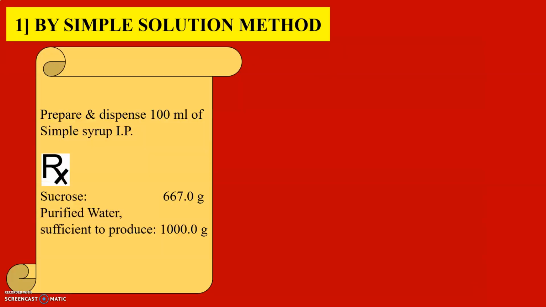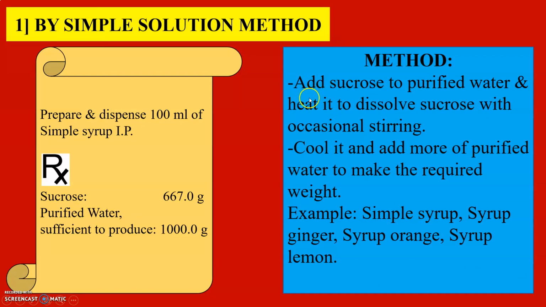So this is the prescription of simple syrup that we have to prepare by using the simple solution method, and the contents of simple syrup are sucrose and purified water. Now let us see the method.